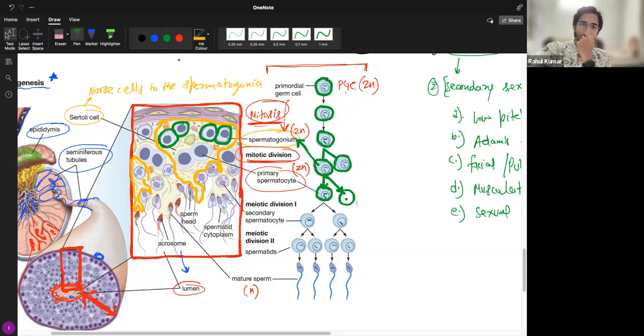Okay. And can you also see, let me highlight it in red, these are primary spermatocytes which are marked here, right? Now, do you appreciate that they have slightly come down? They are not exactly at the boundary. And the next, the secondary spermatocyte, has come even further down.